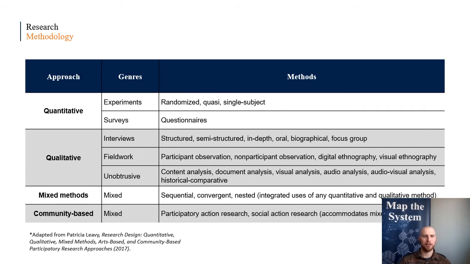In the table presented here, I've given a brief summary of these approaches and their corresponding genres and methods. So, for instance, genres associated with the quantitative approach are usually experimental and survey-based, whereas those associated with the qualitative approach are usually based on interviews, fieldwork, or various unobtrusive methods.